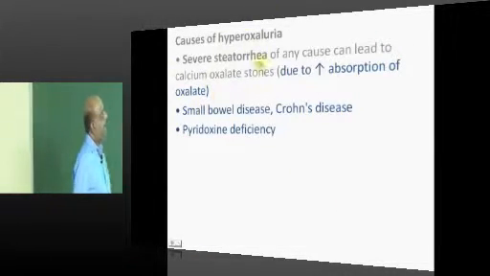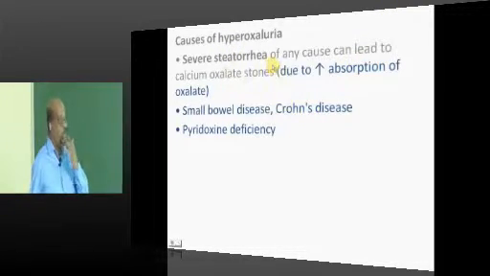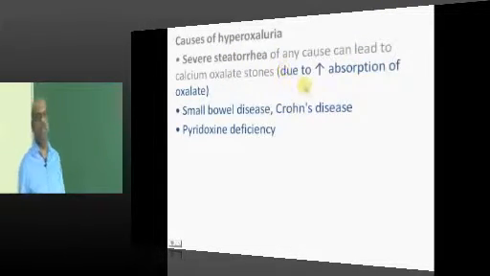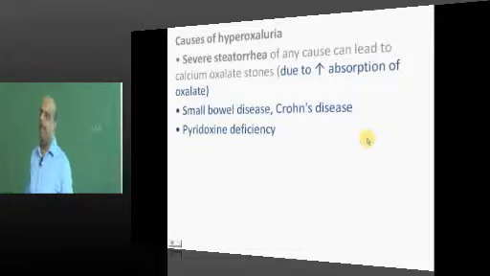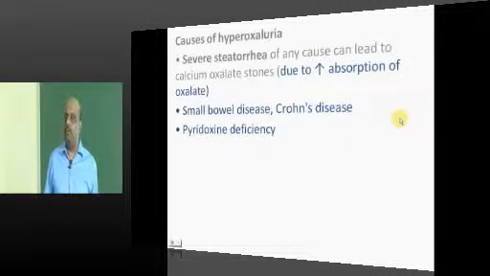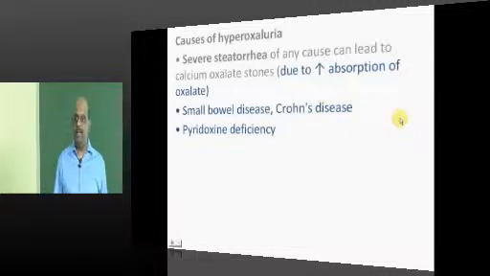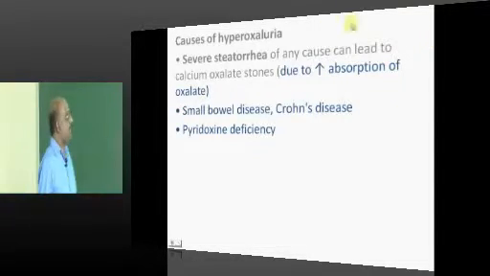Then coming to hyperoxaluria, anybody who has got steatorrhea, whatever be the cause. Can you give me the reason for steatorrhea? Normally lipid is metabolized by the lipases produced by the pancreas. Any pancreatic exocrine insufficiency can lead to lack of lipases and lack of breakdown of the fat, and losing the fat into stool.